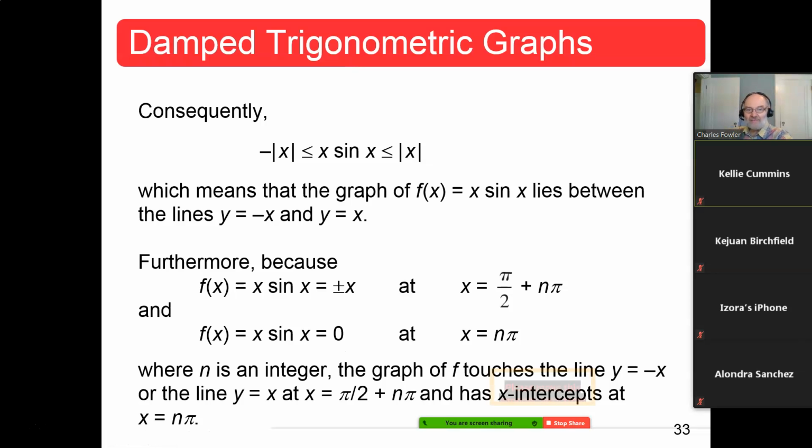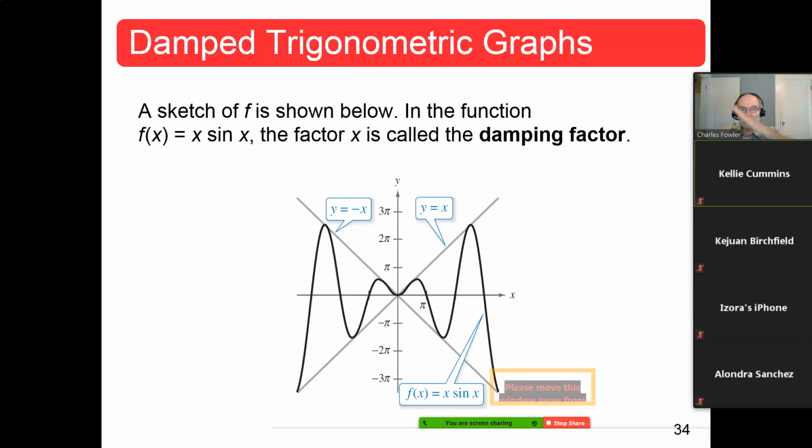So what that means is draw your lines in there. Your y is equal to x, that's the identity function, and the opposite of that, negative x there. Those become what I consider your envelopes, and your sine function stays in between that.